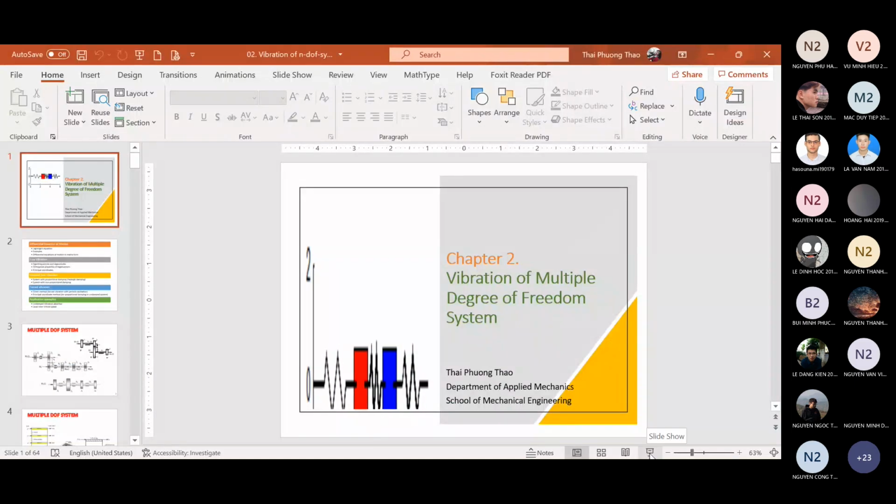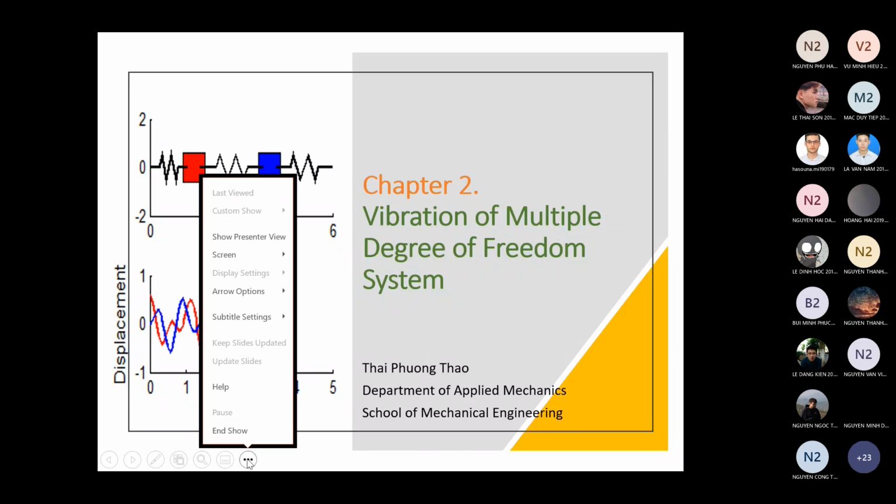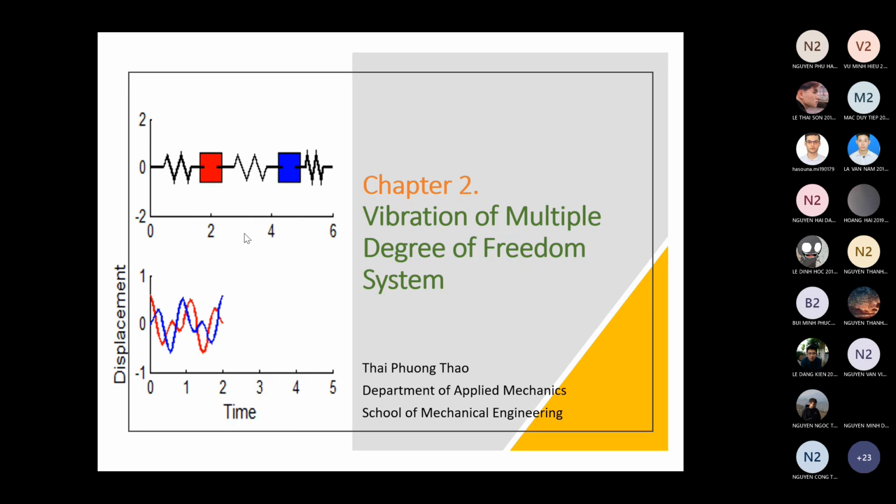This one, multiple degrees of freedom of system. So in this chapter, you can see that there is not only one mass as in the single degree of freedom, but in this chapter we have more than one, at least 2 mass bodies in the system.